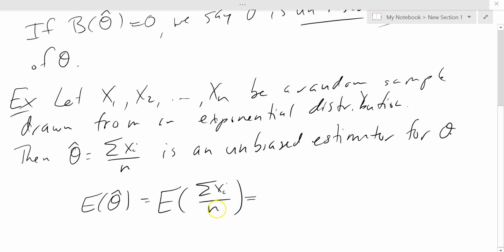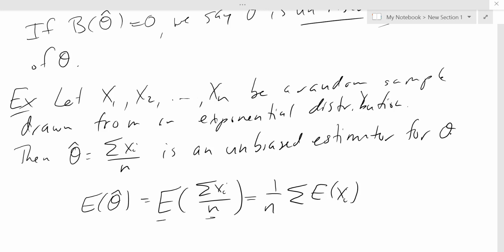As far as this expectation is concerned, this n is a constant, right? So you get 1 over n, sum of the expectations of each of the x sub i's. But the x sub i's here are all coming from an exponential distribution with parameter theta.